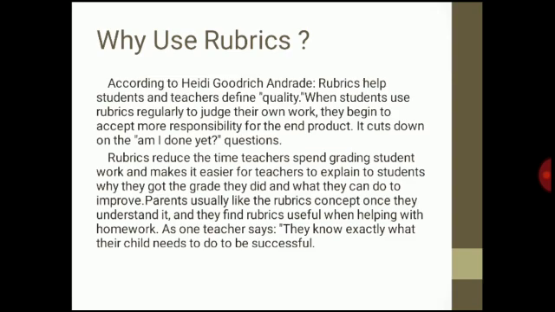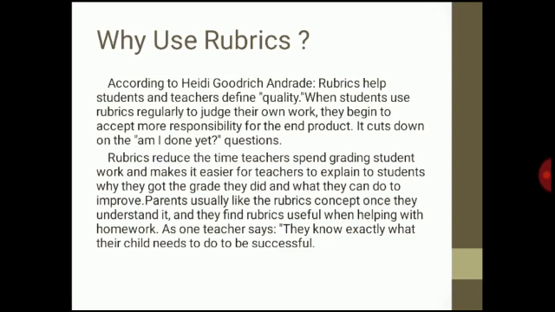Rubrics reduce the time teachers spend grading students' work and make it easier for a teacher to explain to students why they got the grade they did and what they can do to improve.